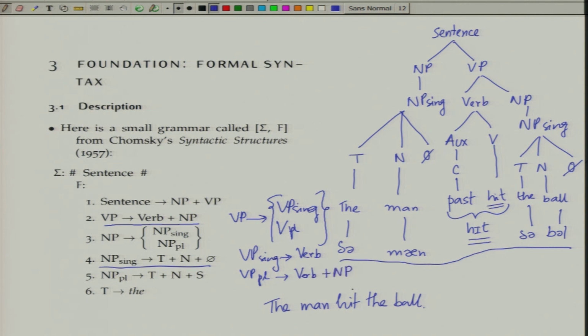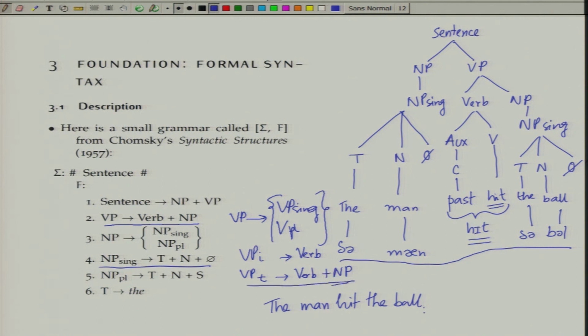Sorry, we shouldn't write singular plural. Once again, sorry, we actually are talking about transitive, intransitive. So this is actually VP intransitive and VP transitive, because transitive verbs will have objects, which is the NP.